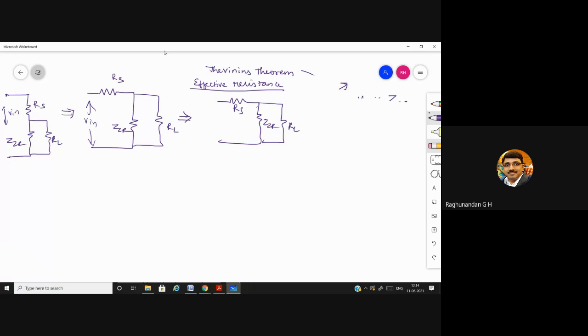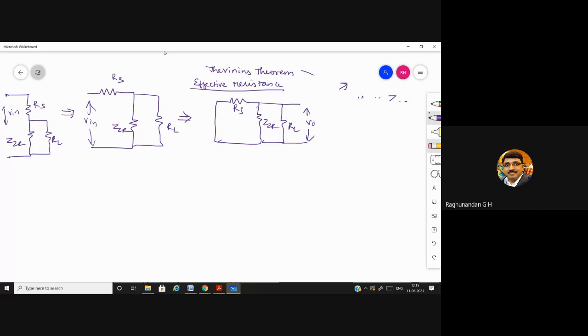To find effective resistance, first you need to remove the supply and short circuit it. When you are finding resistance, no voltage source should be present there. And across this only, you are going to find the output voltage.